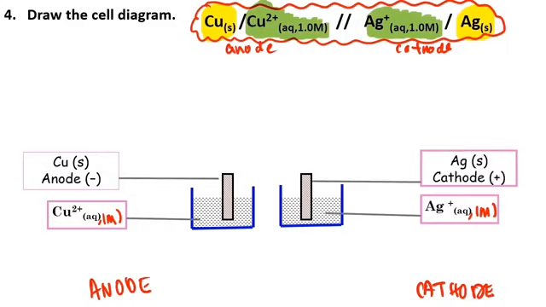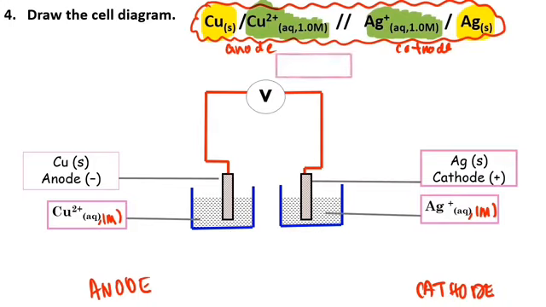Manakala, silver solid as the cathode immersed in Ag plus aqueous. And then, these 2 electrodes, copper and silver, are connected by using wire. And then the cell potential is measured by a voltmeter.